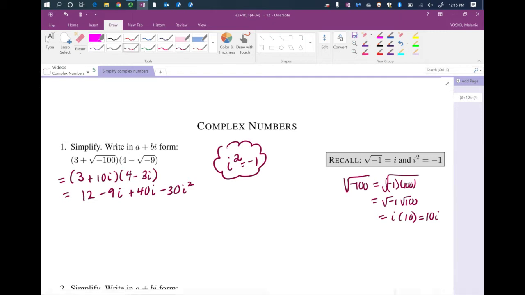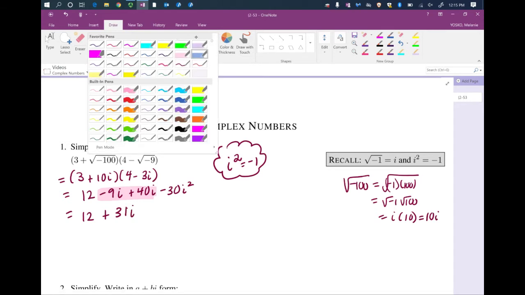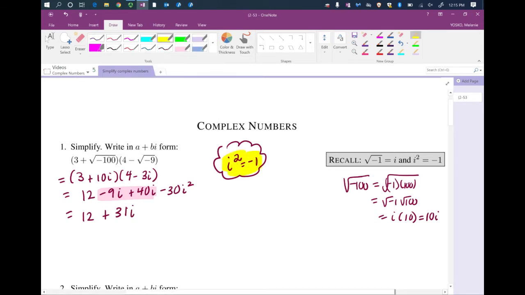So then we clean up. So we get 12. Well, these guys both have an i, so we're going to combine the coefficients. So we're going to get -9 plus 40, or 40 minus 9. So we get plus 31i. Okay, and then this back here, we know i squared equals -1. Here's i squared. So it's the same thing as -30 times a -1, if we use that property.